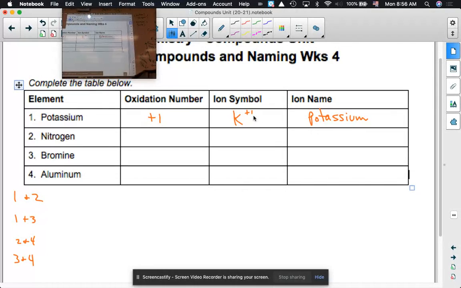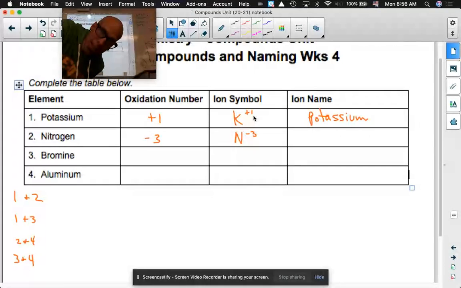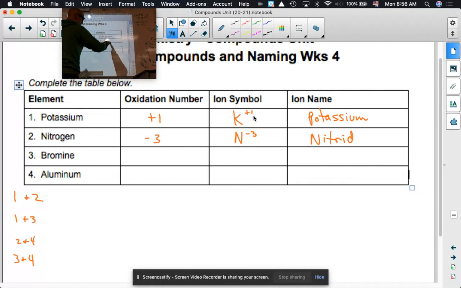And nitrogen. If you look at the table, that's a -3. Oxidation number, -3. And that would be an N with a -3 superscript. And that would have a name change because it's negative. And so that name change is an "ide" on the ending. So we lose the "ogen," and it's just nitride. Nitride. We lose the "ogen."